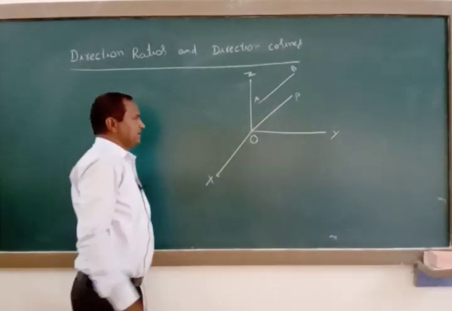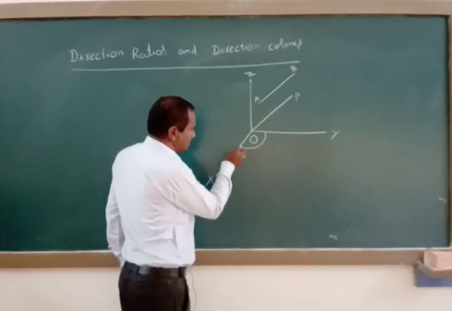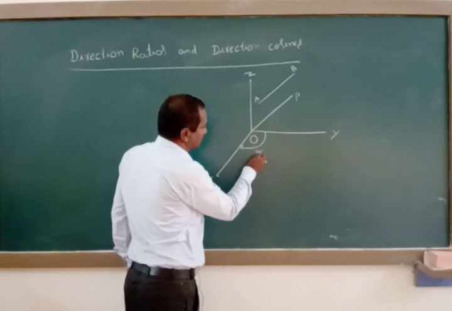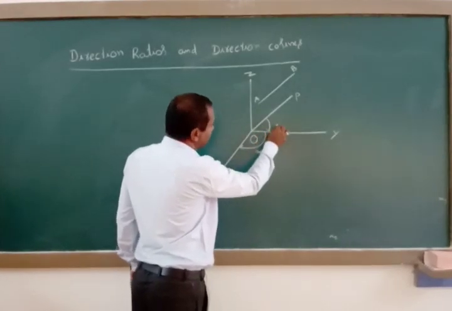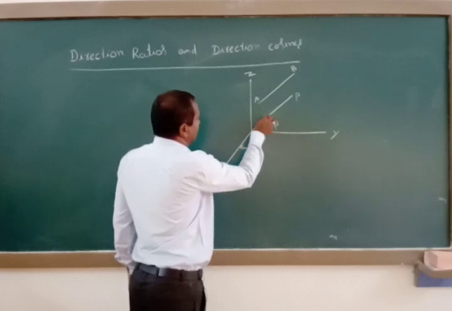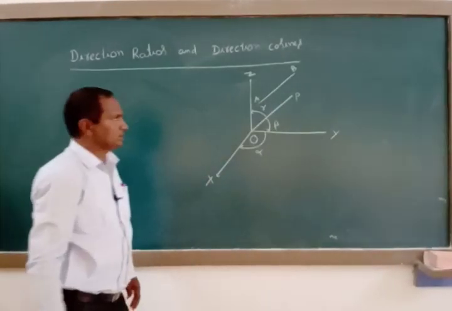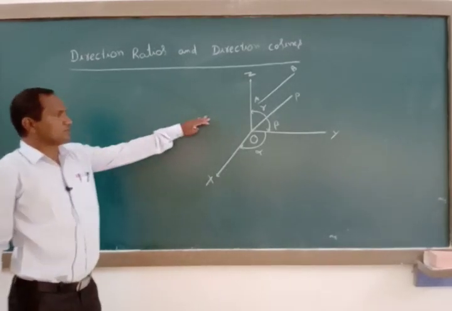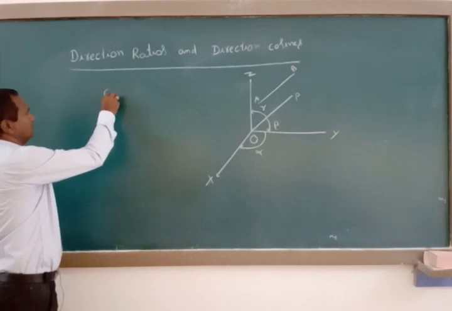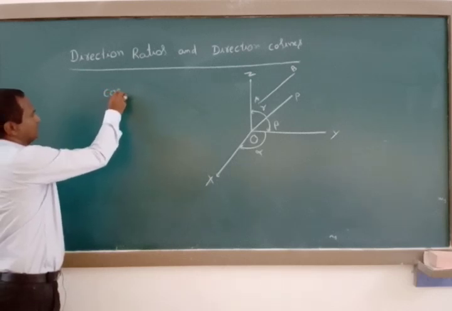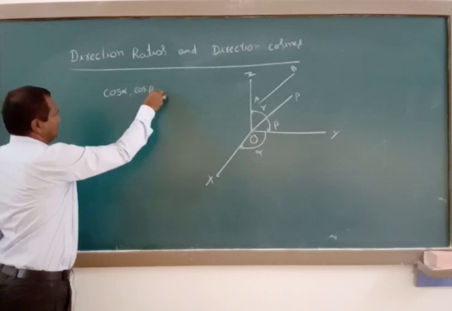Let the angles made by OP with the x-axis be alpha, with the y-axis beta, and with the z-axis gamma. Then the direction cosines of OP are given with the help of the cosine function: cos alpha, cos beta and cos gamma.